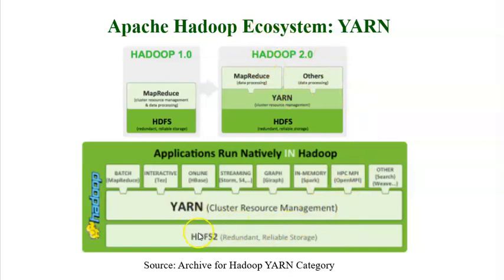Running directly on top of the HDFS in version 2.0 of Hadoop is Yarn, a resource management subsystem. And running directly on Yarn are other modules or components like Mapreduce, Hive, Spark, and many others.